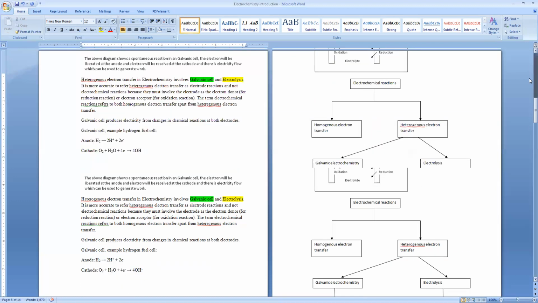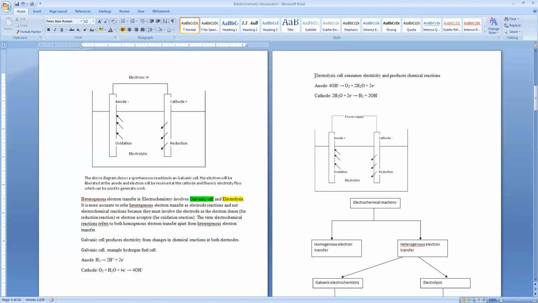Continuing. What about the electrolysis cell? The electrolysis cell is basically a non-spontaneous reaction, because this type of electrochemistry consumes energy, meaning you must have a power supply.